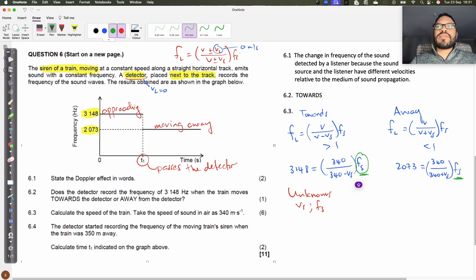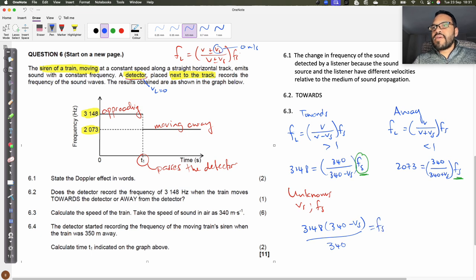So I'm going to say that 3148 multiplied by 340 minus Vs, divided by 340, is equal to Fs. And on the other side, 2073 multiplied by 340 plus Vs, divided by 340, is equal to Fs, right?